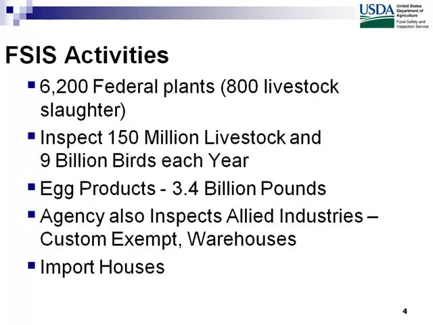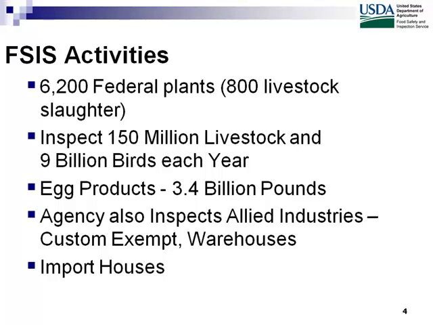We're responsible for overseeing, it says 6,200 federal plants and 800 of those are livestock slaughter. We inspect a lot of birds every year and egg products. We're also responsible for custom exempt facilities, ID warehouses, and import houses.